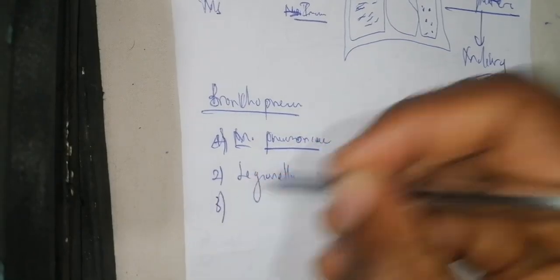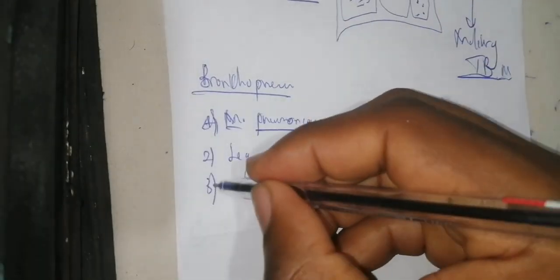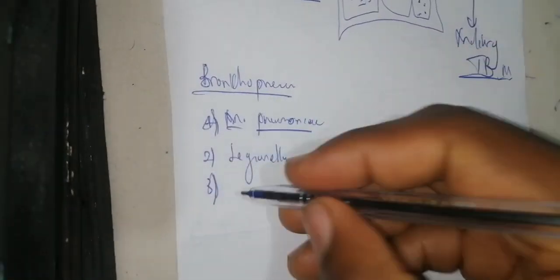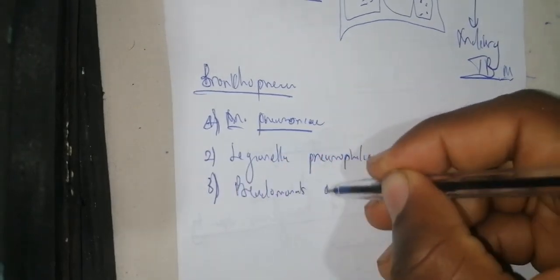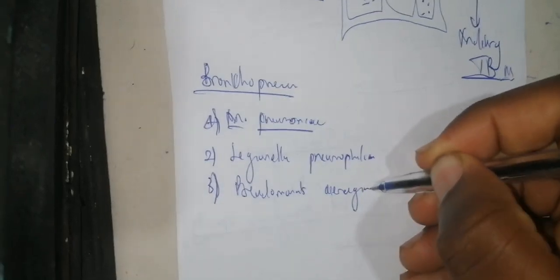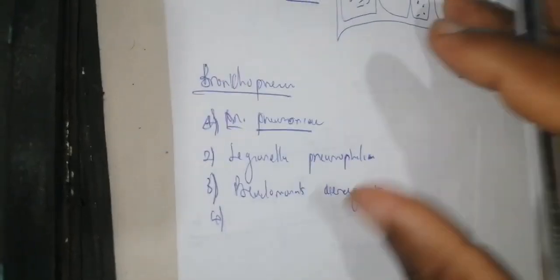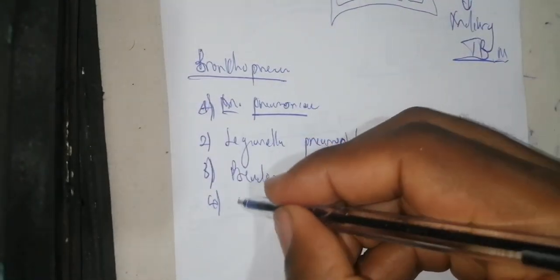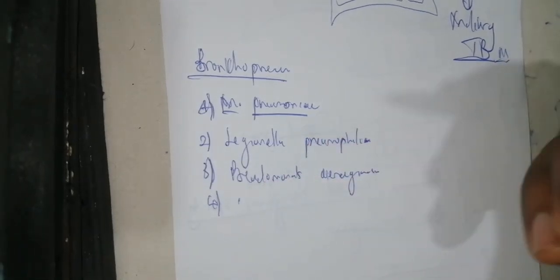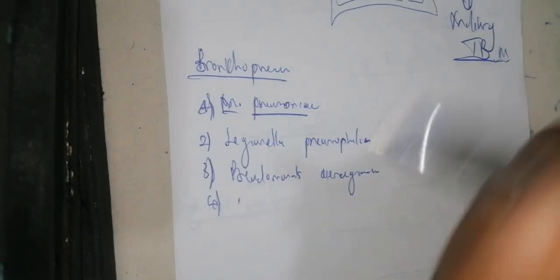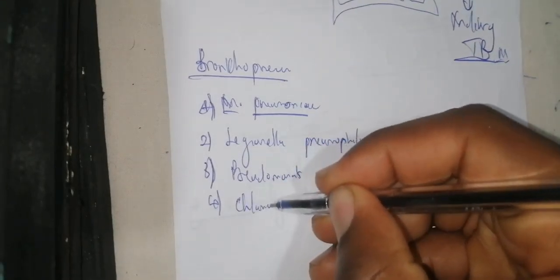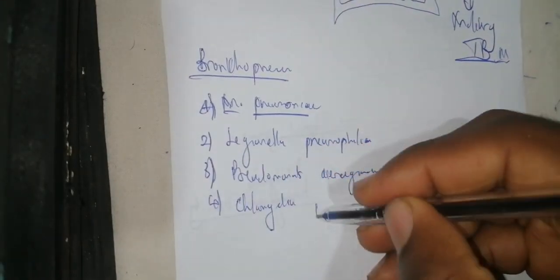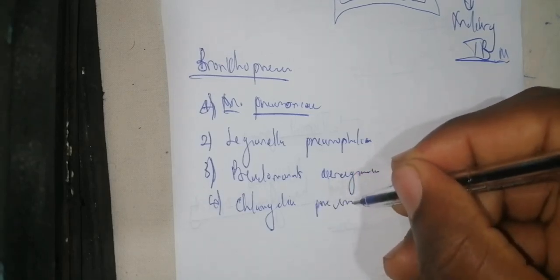Is it clear? The third one after Legionella pneumophila is Pseudomonas aeruginosa. So we have seen Mycoplasma pneumoniae, Legionella pneumophila, Pseudomonas aeruginosa. We also have Chlamydia pneumoniae.